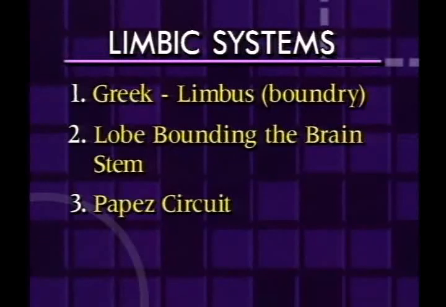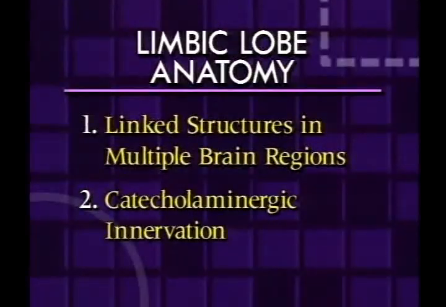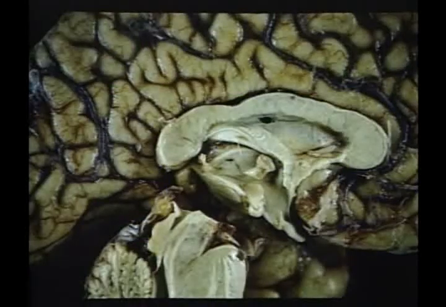It's sometimes referred to as the Papez circuit. It's important to remember that the limbic lobe is not a lobe like the temporal lobe or the frontal lobe, but rather it is a collection of interconnected brain regions that also receive extensive catecholaminergic innervation that is involved with emotions, memory, and cognition, as seen in this picture with the brainstem disconnected from the brain.